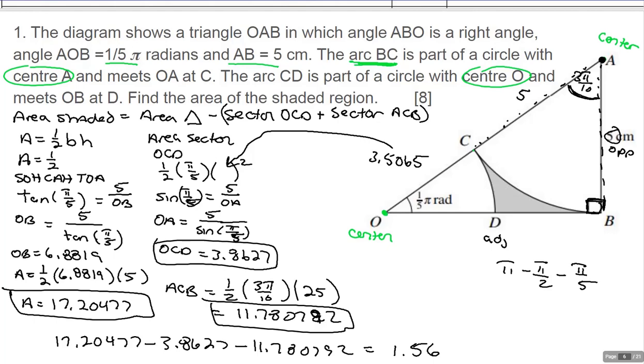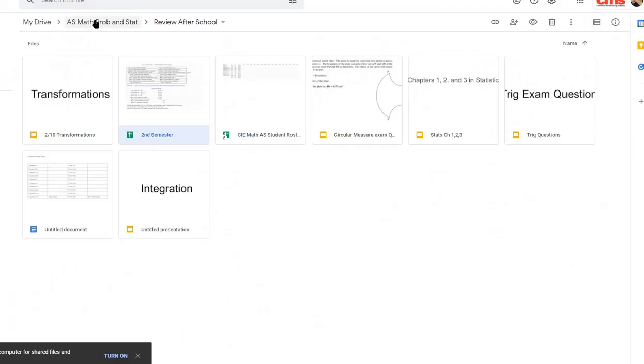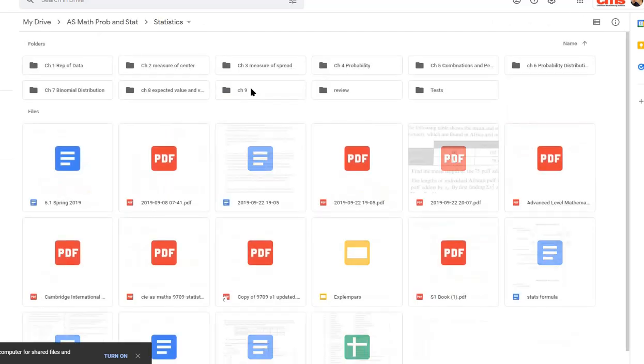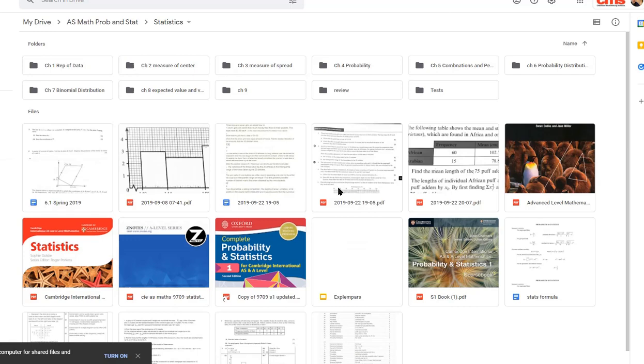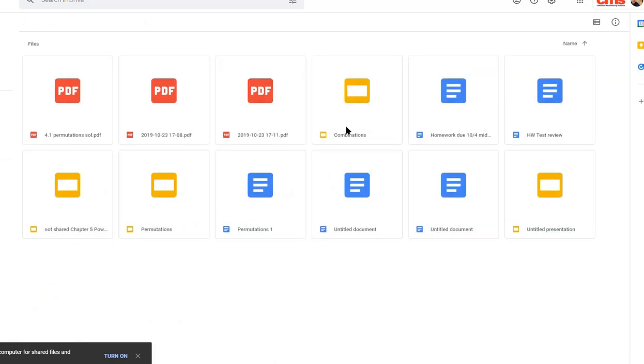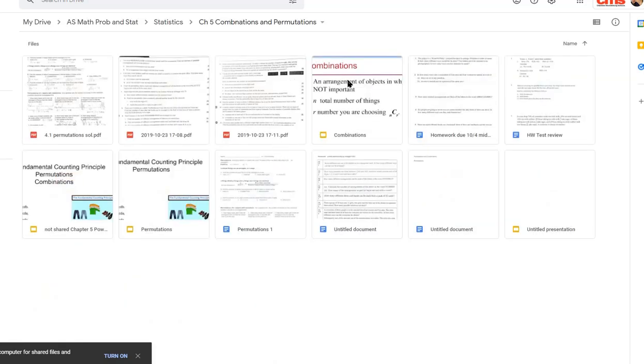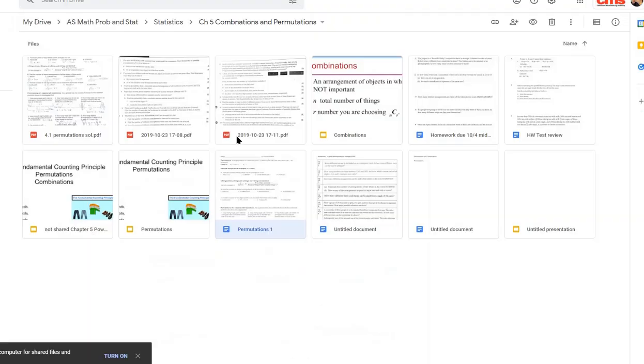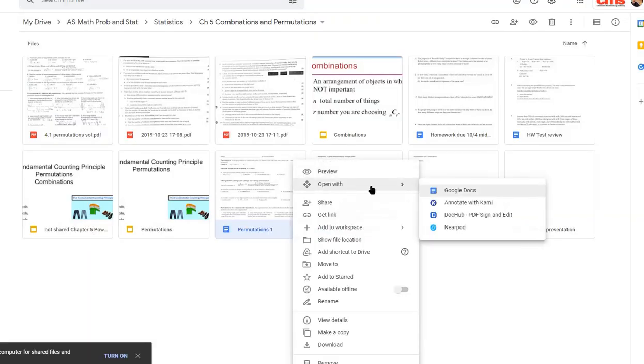So here's my plan. Hang on, let me see if I can find it. What is this? Permutations. Here. Oh, I don't think I want to do this. Yeah, that's me. Hang on one second. Let's go back. But I'm going to open it with.